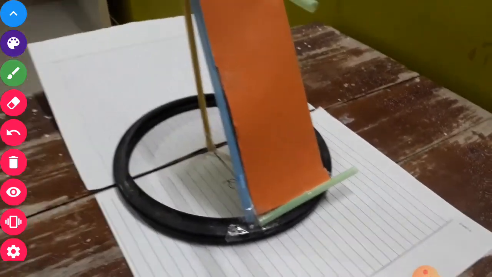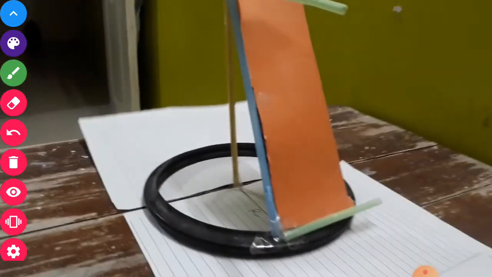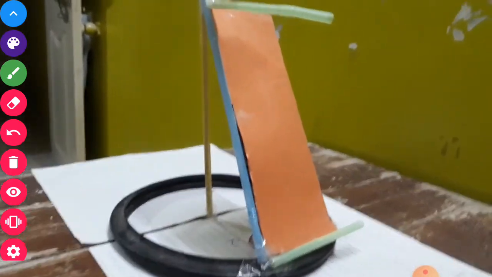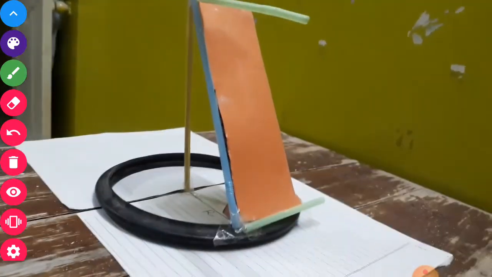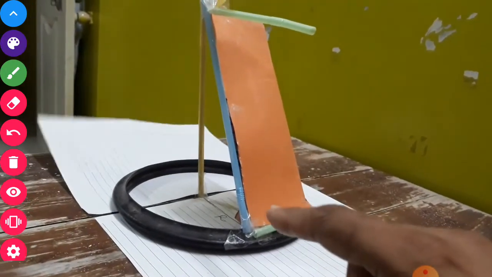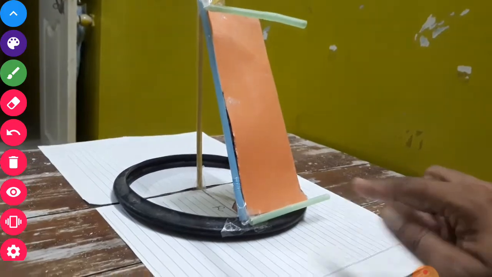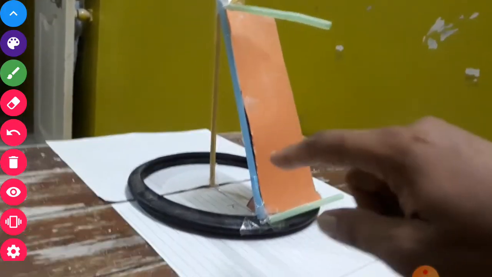So that vector r is shown again. Now see, it has come in a proper position where you can easily see the dB. So this is again I dl, and this is vector r.